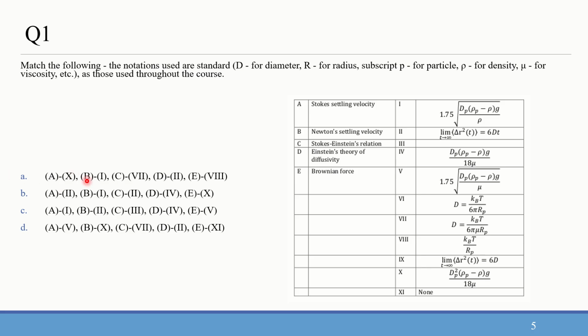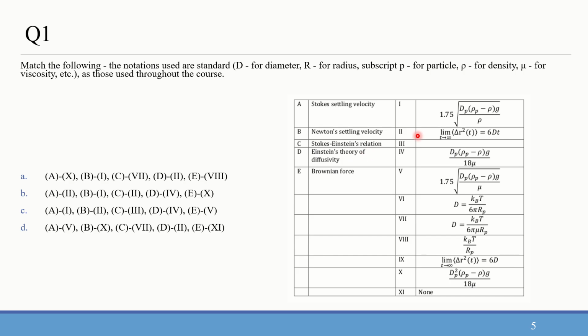So A 10, B 1, and next we have Stokes-Einstein relation. So that is C7. So in 7 we have D is equal to KBT by 6 pi mu RP. And for D we have Einstein's theory of diffusivity, which is actually D2.